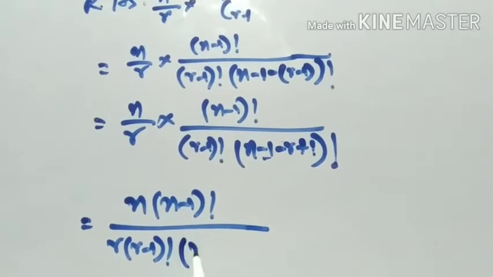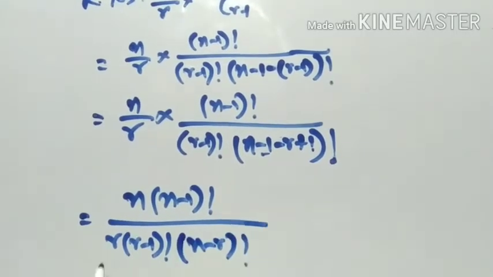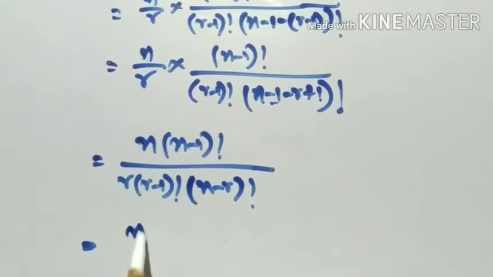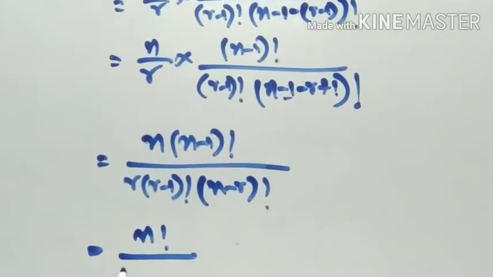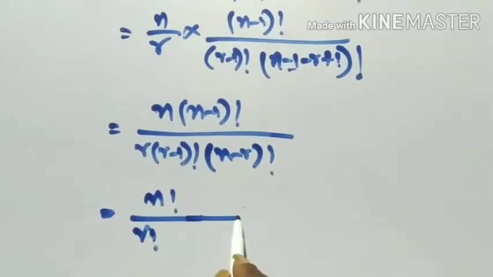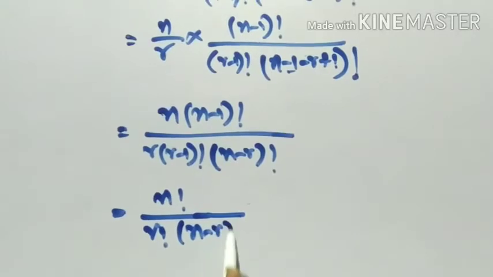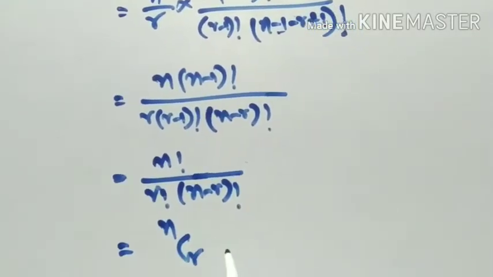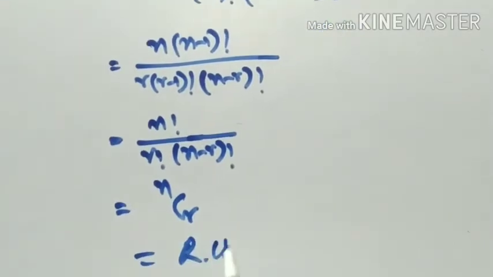The remaining is n minus r factorial. Now the numerator will become n factorial and the denominator r factorial, and here n minus r factorial. We can write this as nCr, which is equal to the right hand side.